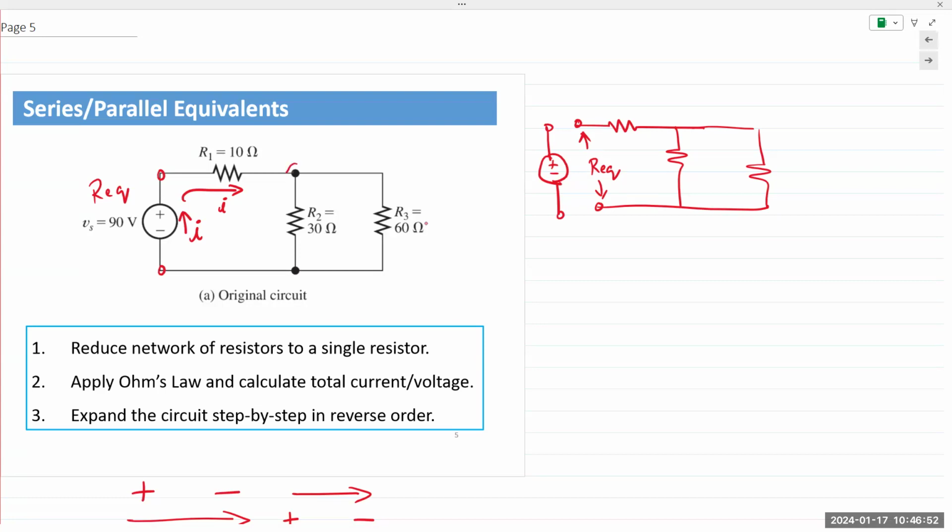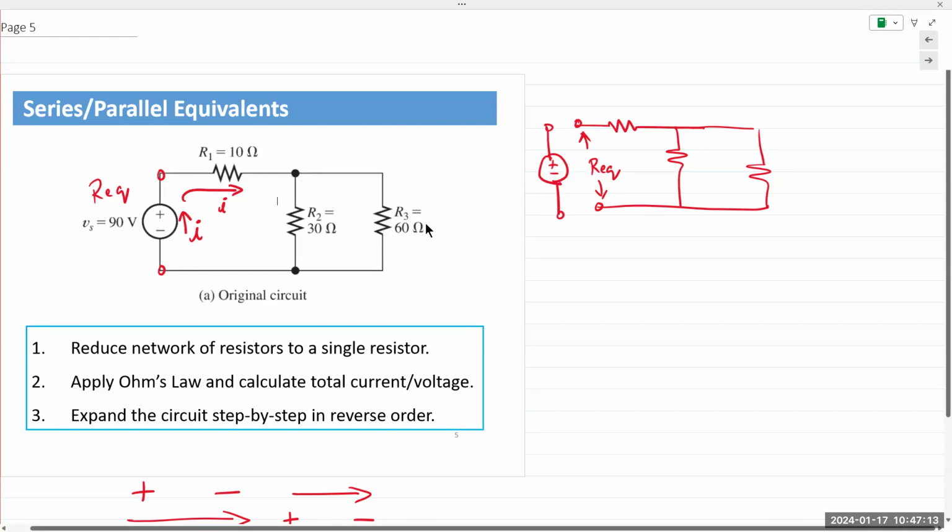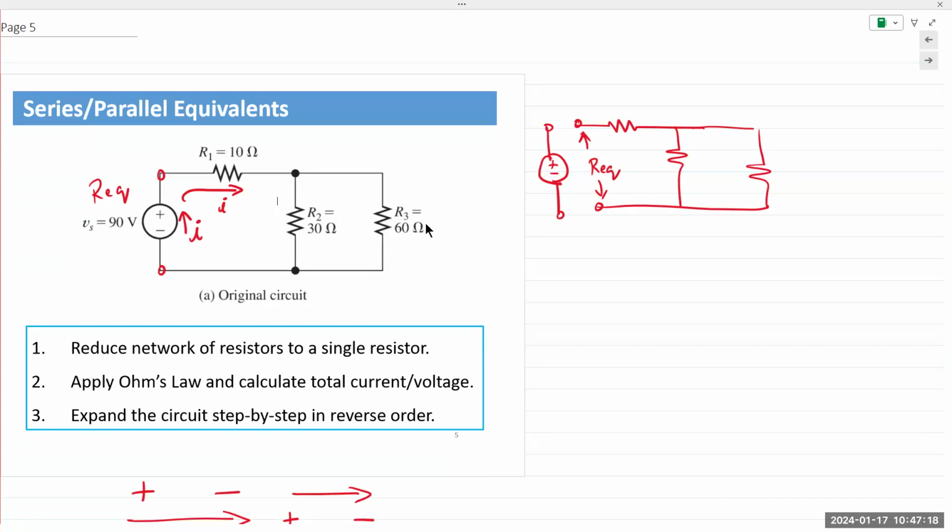Then it hits this junction right here. It splits in two. When it splits in two, we still keep following that same direction. And so it goes up or down through R2 and R3? I see down. Why the hesitancy? Even if it's a non-engineer, you should be able to say, right?